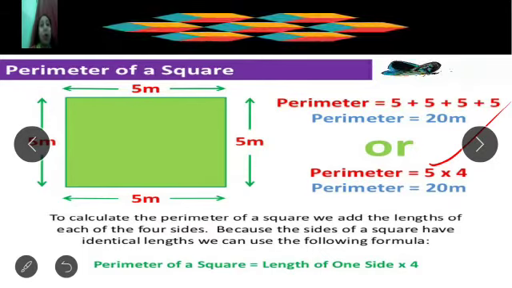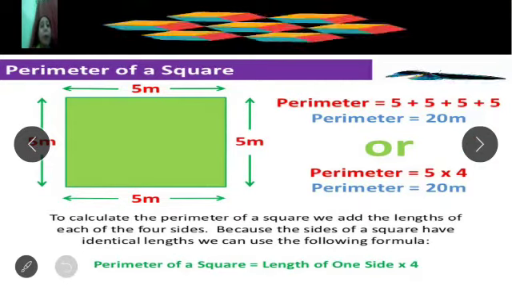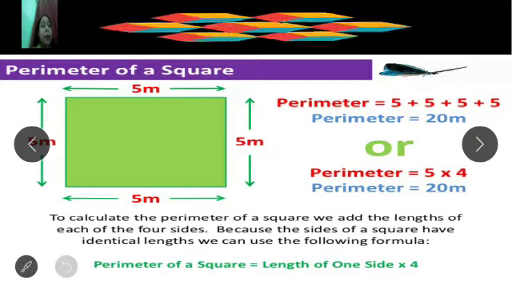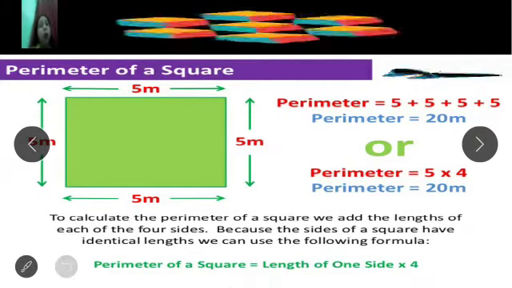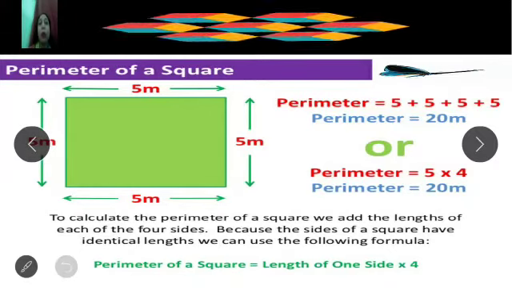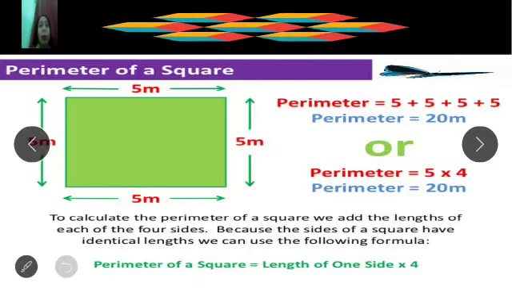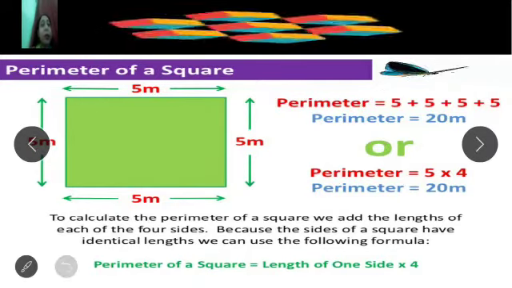So two methods we have to use to calculate the perimeter of a square. This is the formula, length of one side into 4, or you just add all the sides, and all the sides of a square are the same.